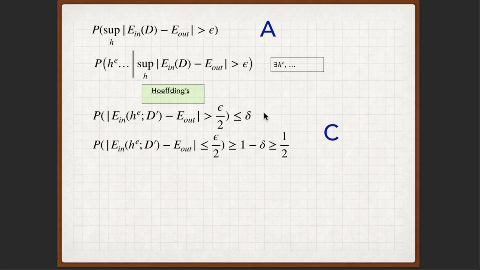Because with more and more n, we can reduce delta to a very small value, which is equivalent to saying we can push the probability that the in-sample error evaluated on D prime is close to the out-of-sample error for HE close to 1.